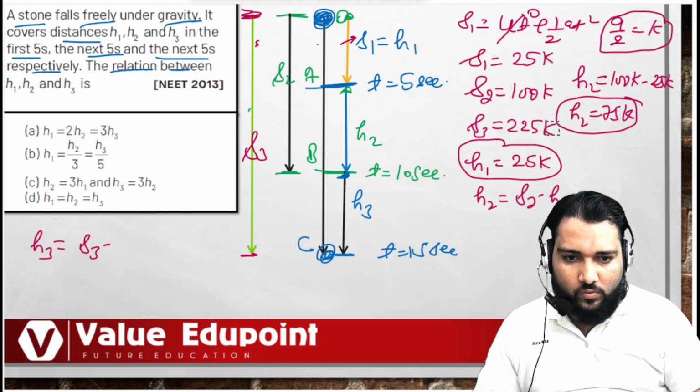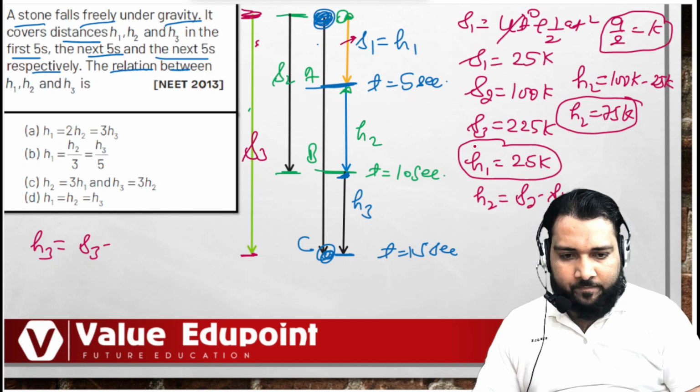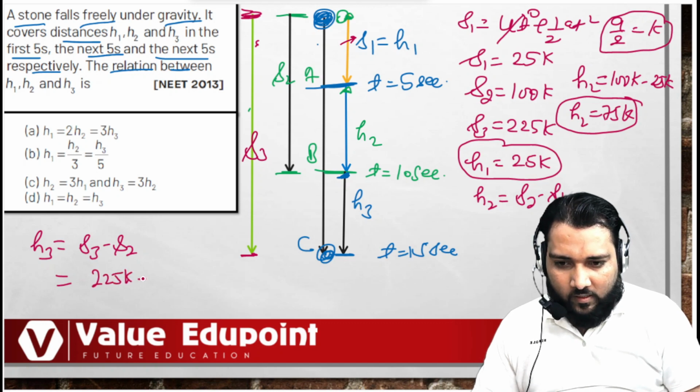We already know s3 is 225k, and s2 is 100k. So this comes out to be 125k.